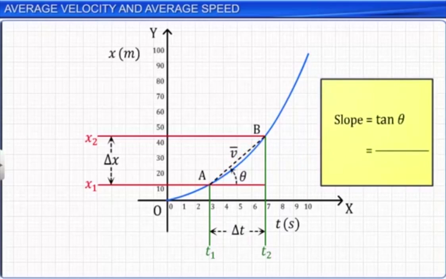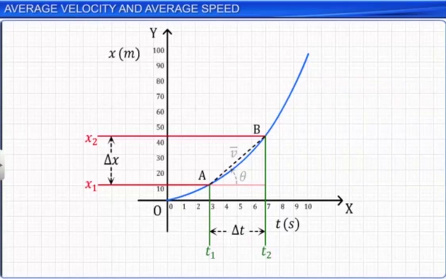If you observe the graph carefully, you will find that the displacement is different in different intervals of time. That is, from the 3rd to the 4th second, from the 4th to the 5th second, and so on. For calculating the average velocity, we take the total displacement and total time elapsed.